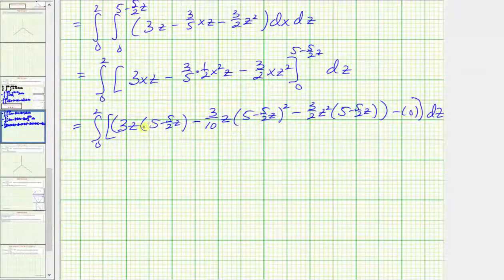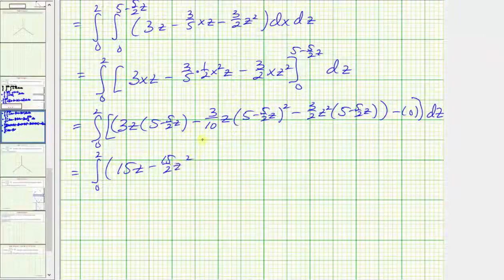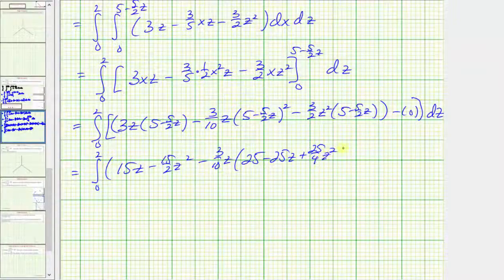So now we'll go ahead and distribute here and here, and then square the quantity 5 minus 5/2 z. So distributing here, we're going to have 15z, and then minus 15/2 z squared. Here we'll have minus 3/10 z times, when we square 5 minus 5/2 z, we're going to have 25 minus 25z plus 25/4 z squared.